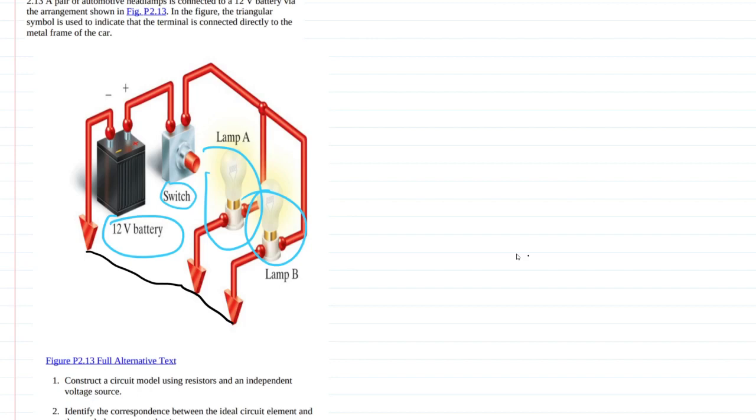Because if you don't have a complete circuit, you won't have any current flow, which means you won't be able to light these lights. So our task here is to construct a model using resistors and an independent voltage source. Well, a resistor, sometimes lights can be modeled as resistors because most of the power, I should say, that is consumed by a light is lost as heat.